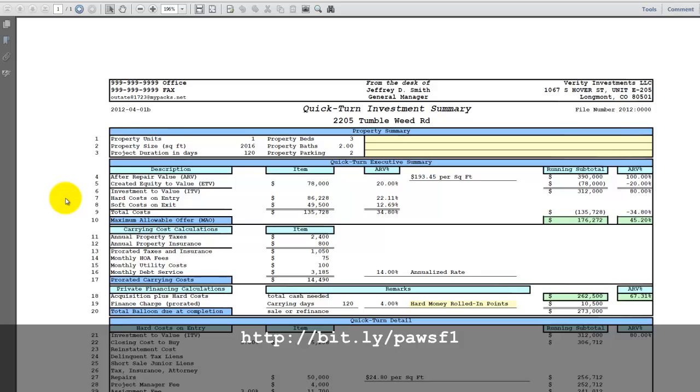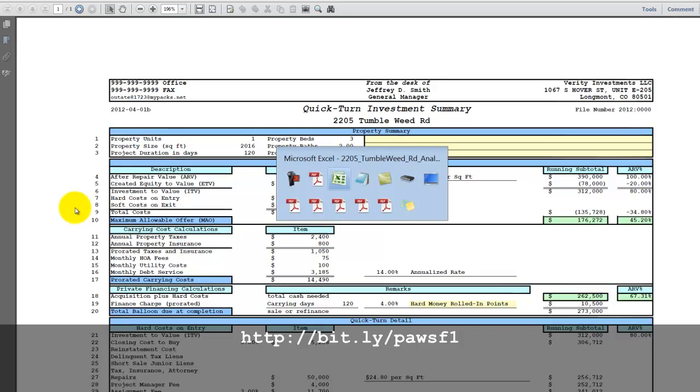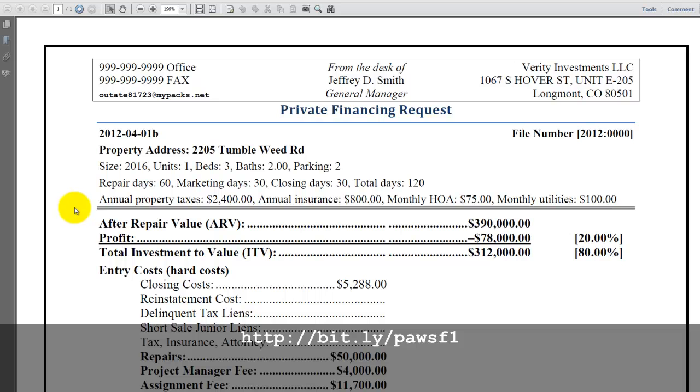I'll save it as a PDF file and email it to private financiers or hard money lenders. I could also use the mail merge template for the private financing.